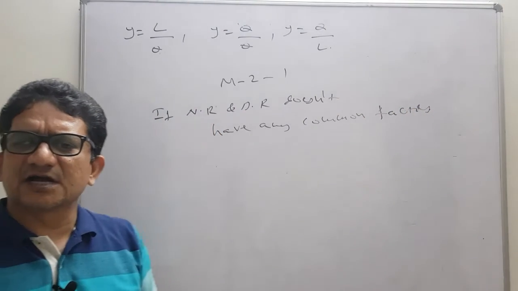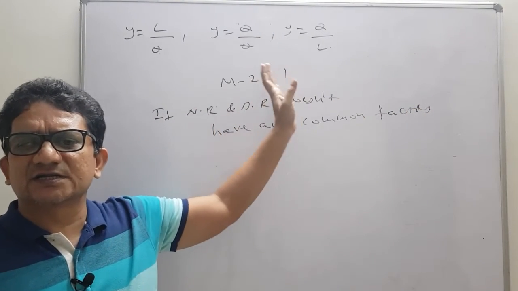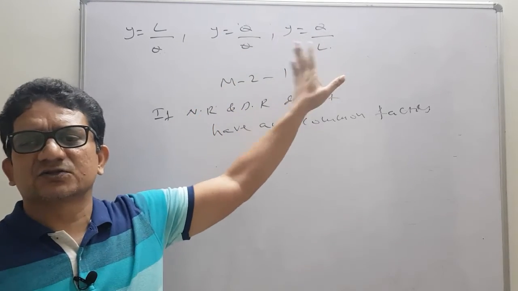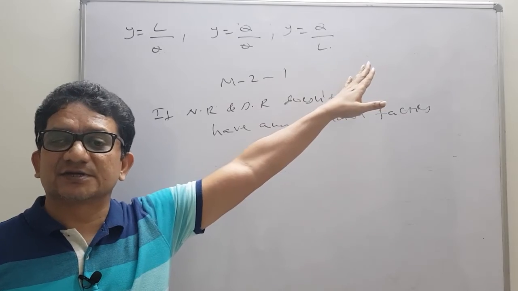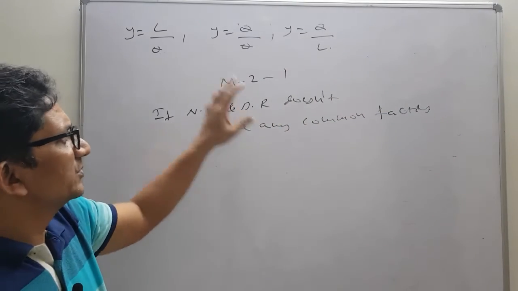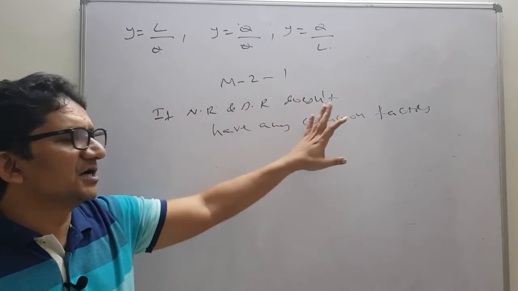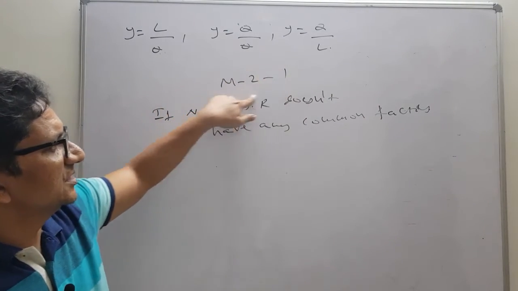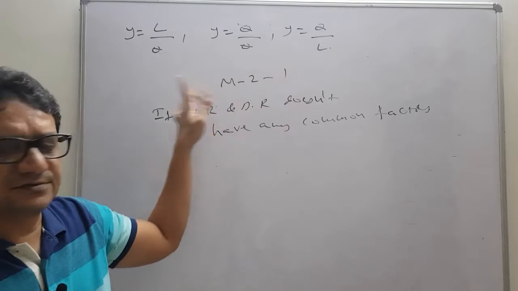Because if they are having common factors, that common factor will divide out, then we will get the simplest form and it will become linear. So then again it will become 1 to 1. That's why if numerator and denominator don't have any common factors, then confidently we can say that it is always a many to 1 function.